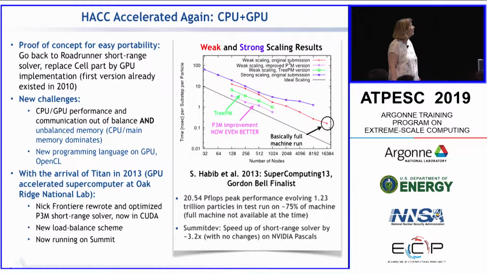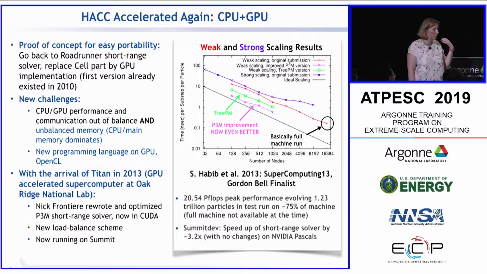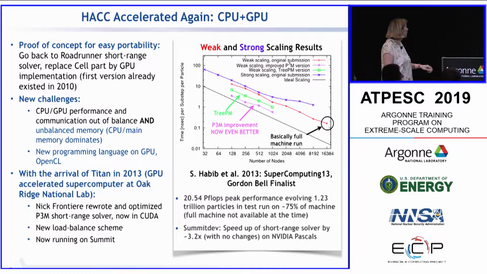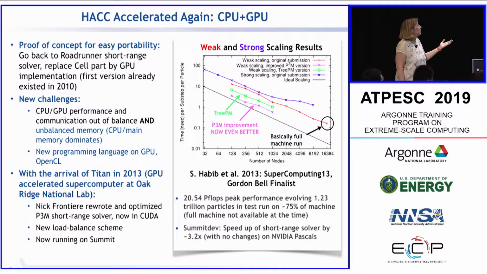So at some point, kicking and screaming, we took the OpenCL code and converted it to CUDA. Again, one person took over this short-range solver business. We ripped out the short-range solver that we had for the BGQ and replaced it with something else. We also added a new load balancing scheme, which is fine. And now we have a code that runs on the GPU systems.